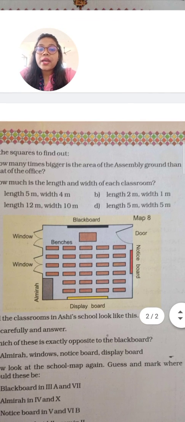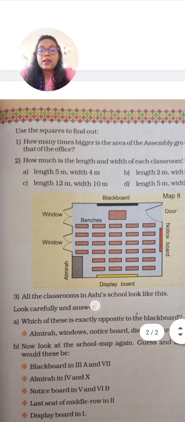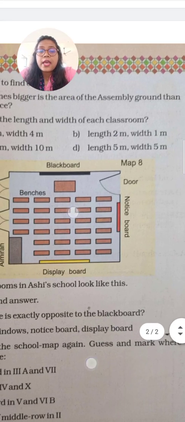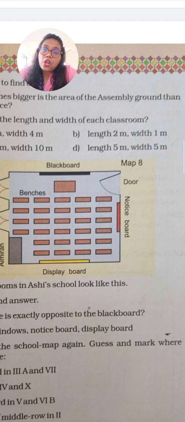Okay. Now look at the next map and give the answer. All the classrooms in Ashish school look like this. The classroom map is given here. You can see the benches, then windows, then blackboard, and opposite to the blackboard there is a display board, and on one wall of the classroom there is the notice board and the entrance door.